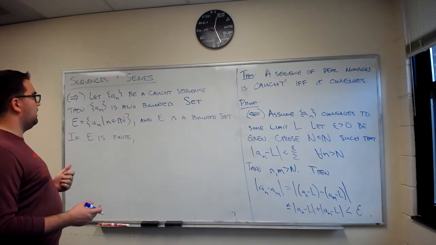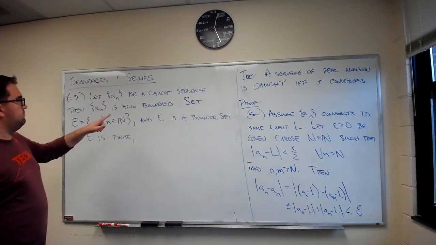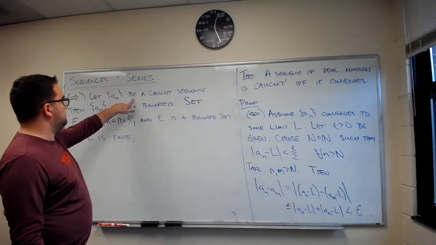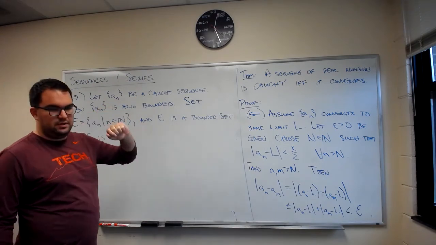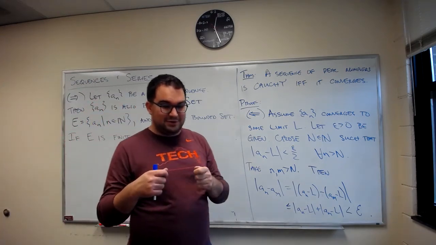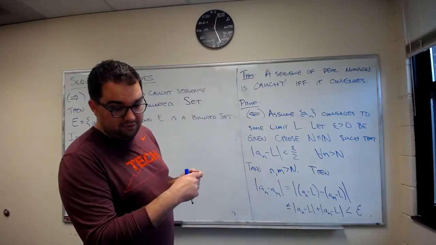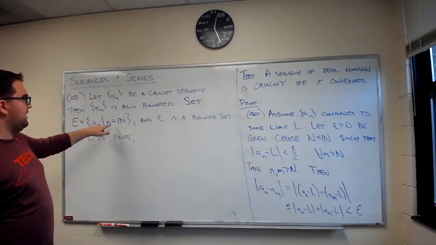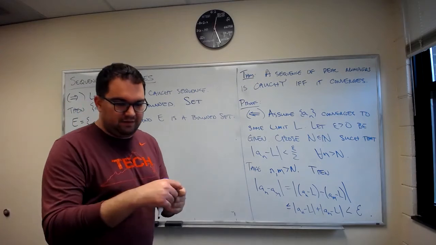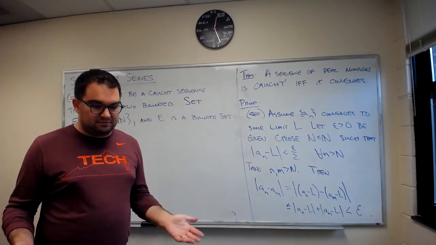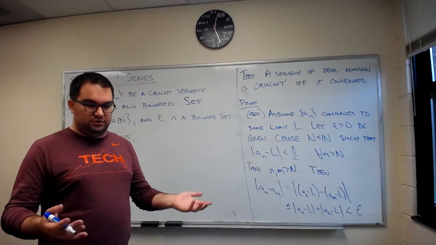Okay. But I also know that my sequence, in this case, sorry, is Cauchy, which means that the terms of the sequence are getting close together. Well, if it only has finitely many output values, and as you go far enough out they're getting closer and closer, then it must be converging. There's no way it couldn't converge, right?